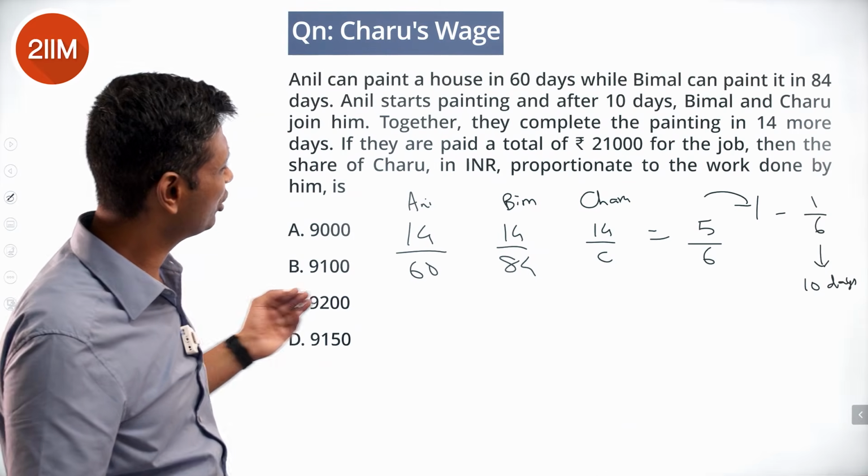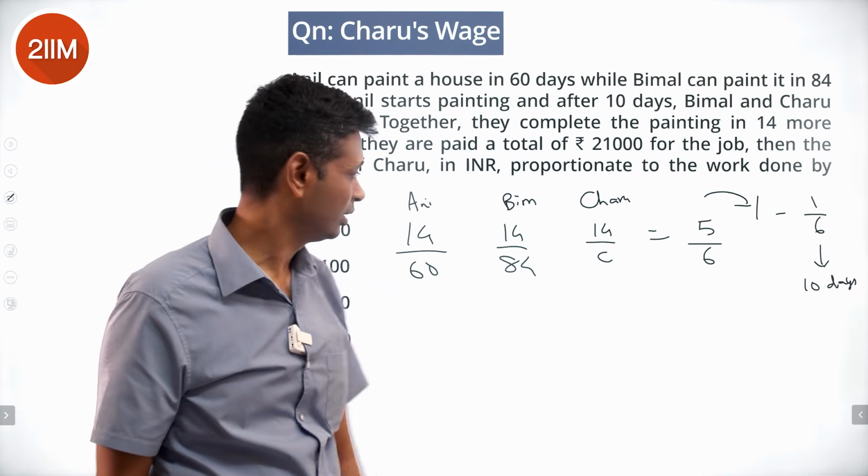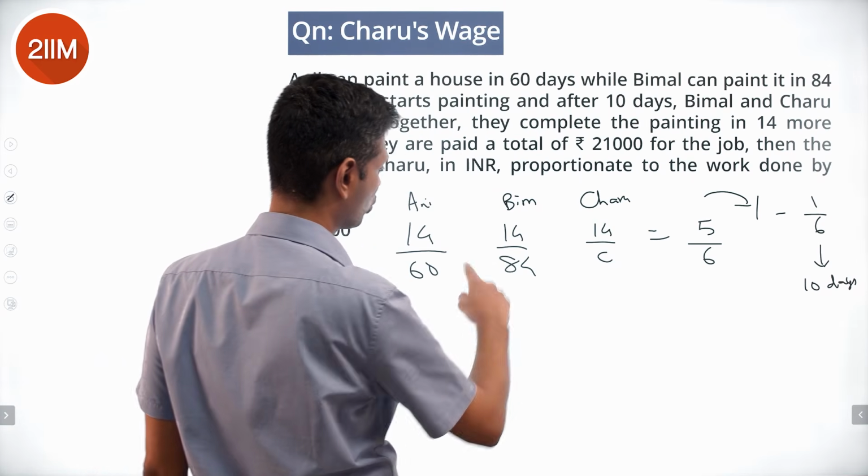Then we frame this equation, and we should find Charu's number of days, whatever C is. 14 by 84 is 1 by 6.